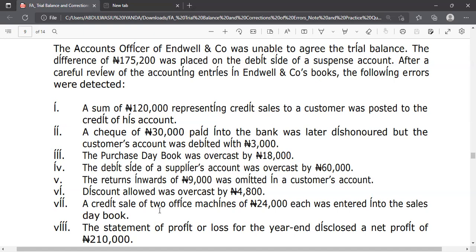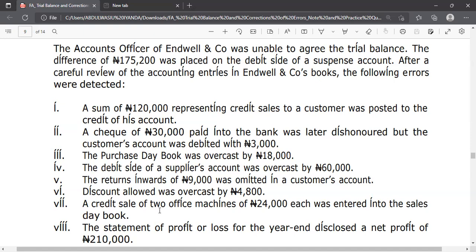But if you are not selling the goods you are known for, and you are receiving any other income apart from your day-to-day operation, that is what we call capital receipt.